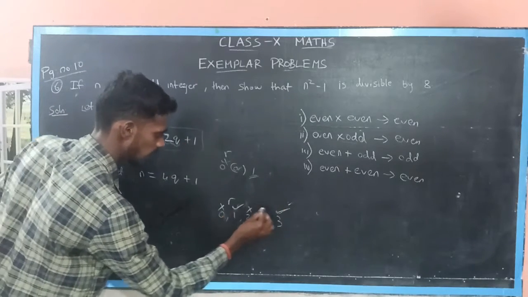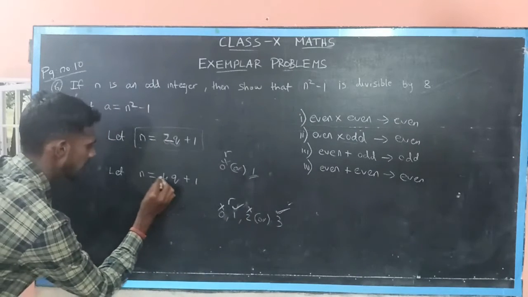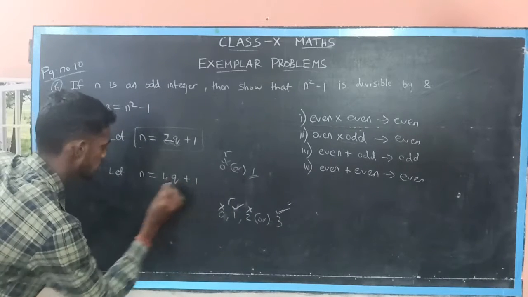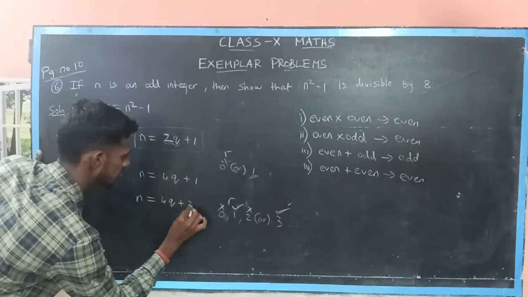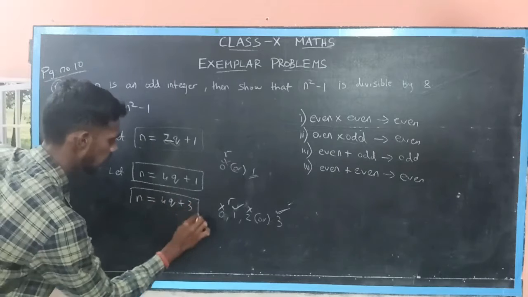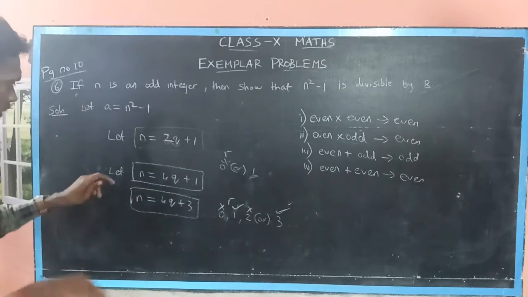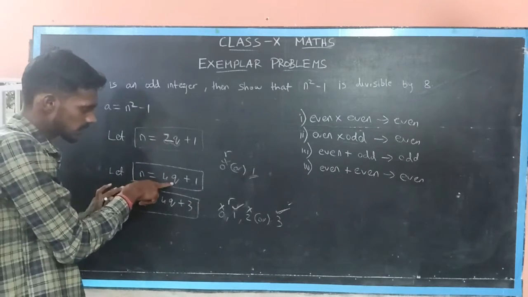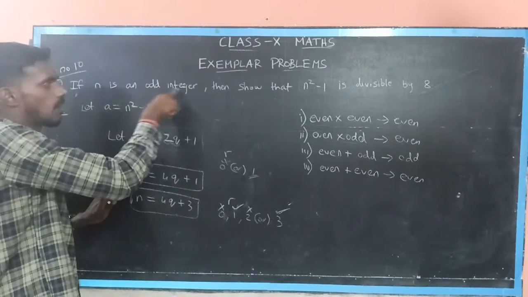So, substituting the value of r in this form, I will get n is equal to either 4q plus 1 or n is equal to 4q plus 3. I have written these forms according to Euclid's division lemma. Okay. So, n is going to be in the form either 4q plus 1 or 4q plus 3 if n is an odd integer.